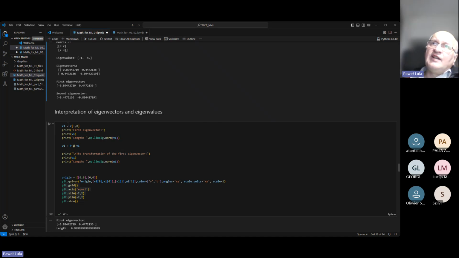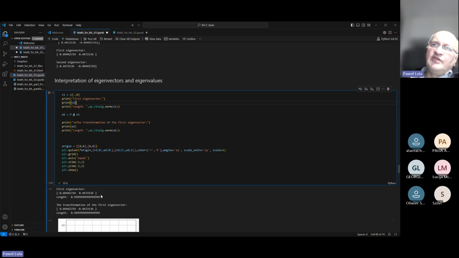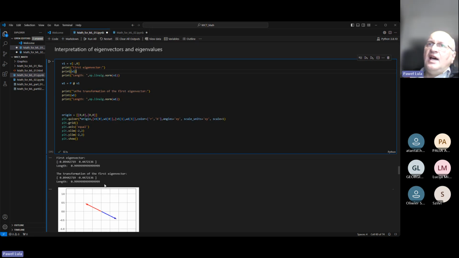So I get this first eigenvector, all elements from all rows and from the first column. Because we prepared it in Python, we know that in Python, the first column has the number 0. So the first eigenvector is printed here, and I draw this eigenvector. It is here, this red vector, it is the first eigenvector.